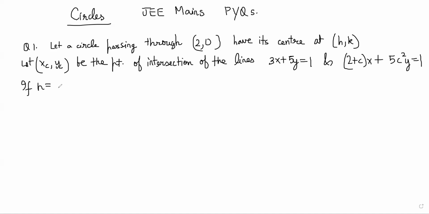If h is equal to limit of c tends to 1 xc and k is equal to limit of c tends to 1 yc, we have to find the equation of the circle.